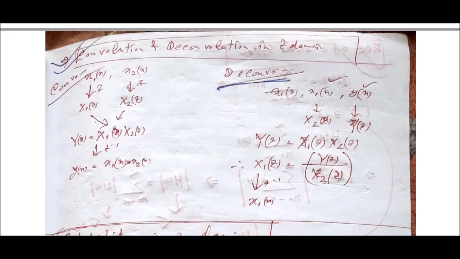What is deconvolution? Convolution was: two signals are given, and you have to find the convolution between them. Deconvolution means one signal is given to you and the convolution of the two signals is given to you, and you have to find the other signal, which is a very difficult job in the time domain, because x1 convolved with x2 was equal to y[n]. Now y[n] is given to you and x2 is given to you, but you have to find x1[n]. In the time domain, how can you find it?